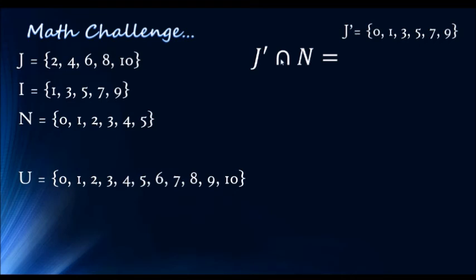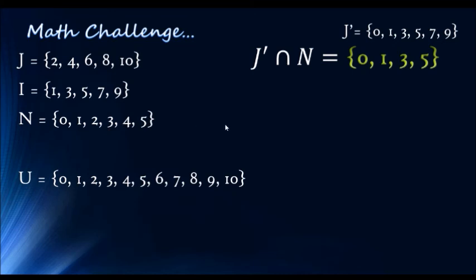Next step, we have here your J complement. J complement intersection N. Now let's look at set N. So what are the elements that are common to both J complement and set N? Very good. So we have your 0, 1, 3, and 5.